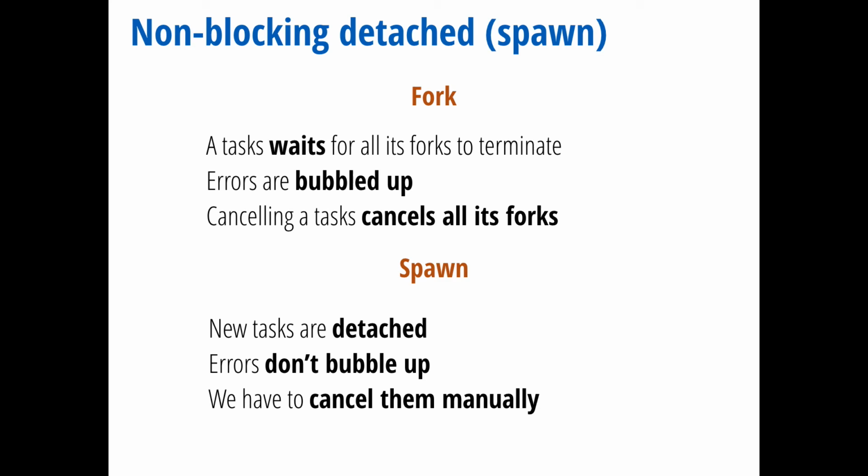And in spawn, you create a new task that is detached, a kind of sibling of the root saga. So errors also don't bubble up. If a spawned saga finds an error, the parent doesn't notice, but we have to cancel them manually. So depending on the use, it can be one or the other.